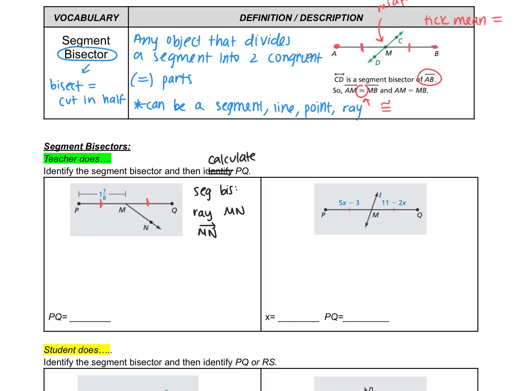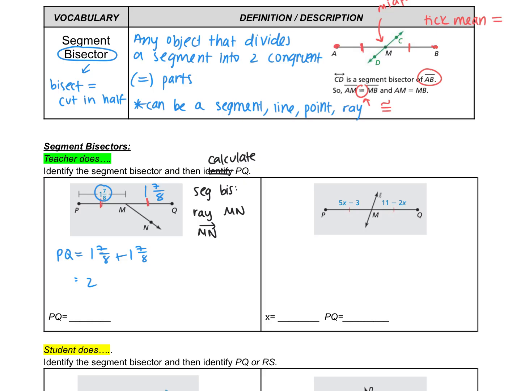Okay, so if we know that this part is 1 7/8, then this part is also 1 7/8. So PQ then will be the total. So it's 1 7/8, add 1 7/8, which is 2. What is 7/8 add 7/8? Do I add denominators?